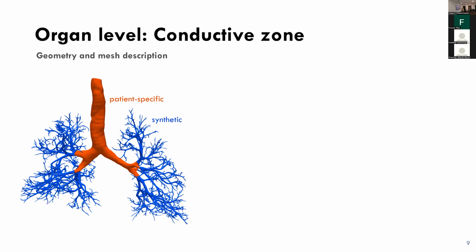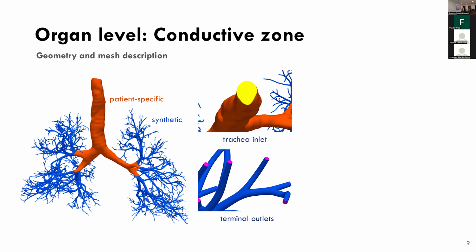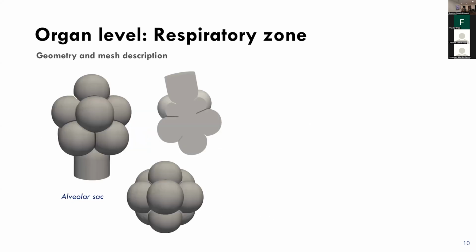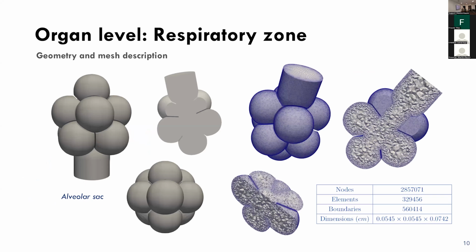It comes from a patient-specific image, a CT scan, but due to the poor resolution of the machines, we need to construct synthetically the rest of the generations, which theoretically goes up to 16 generations of bifurcation. These are some details and also some data of the mesh. This part I will skip, which is mesh one in the previous talk.